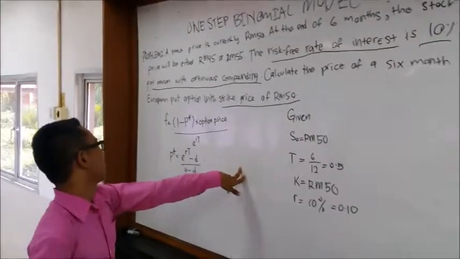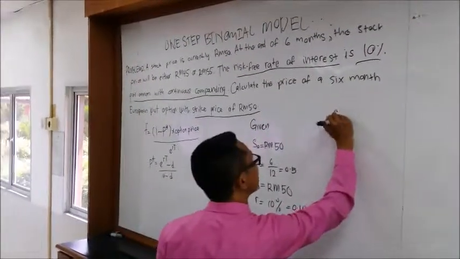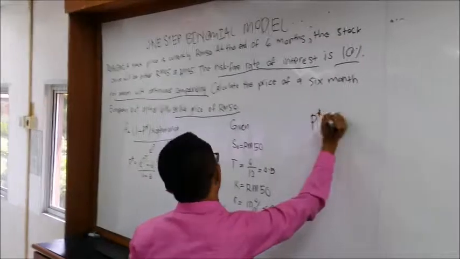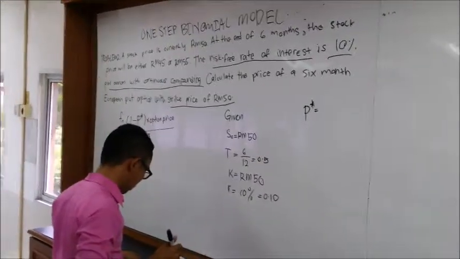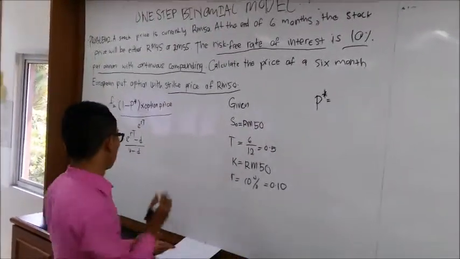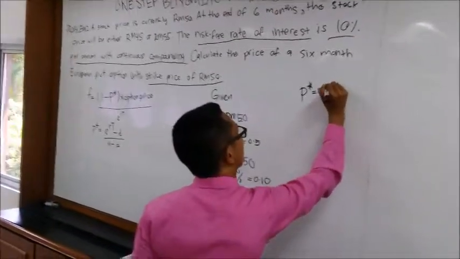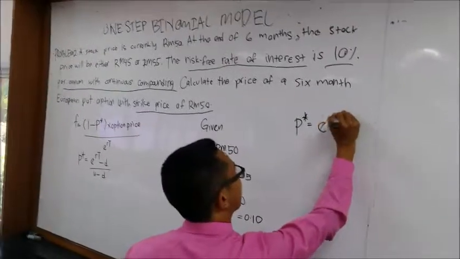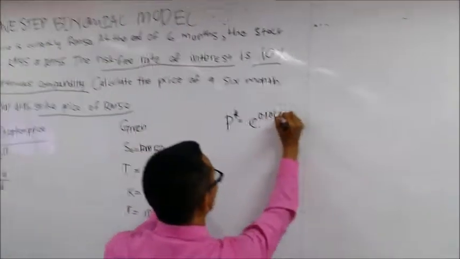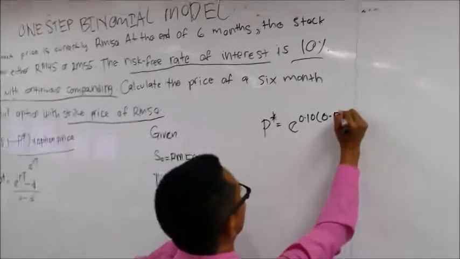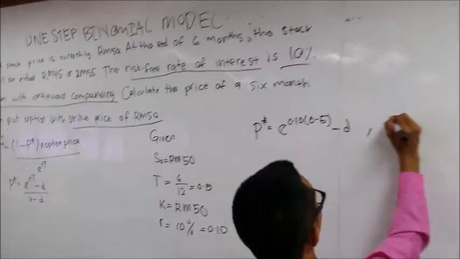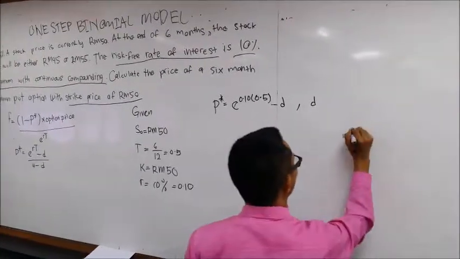Now, before we find the put option price, p star stands for the risk-neutral probability, which is e to the power of r, 0.10, times T, which is 0.5, compounded, minus d. Currently the stock price is 50.